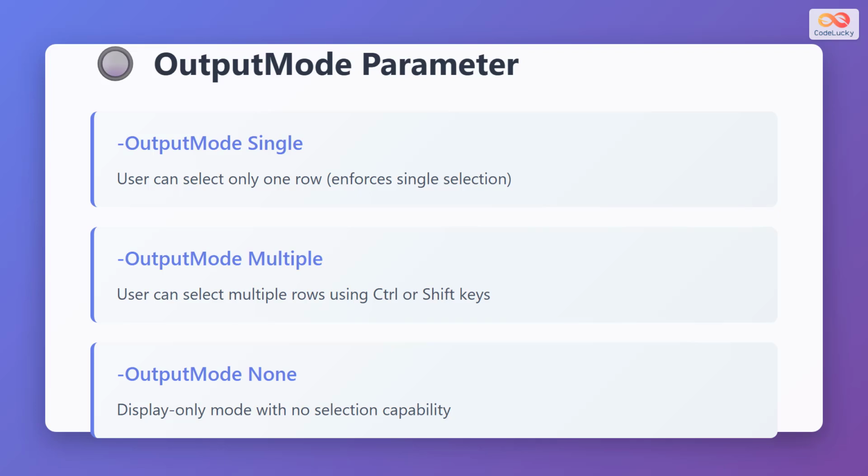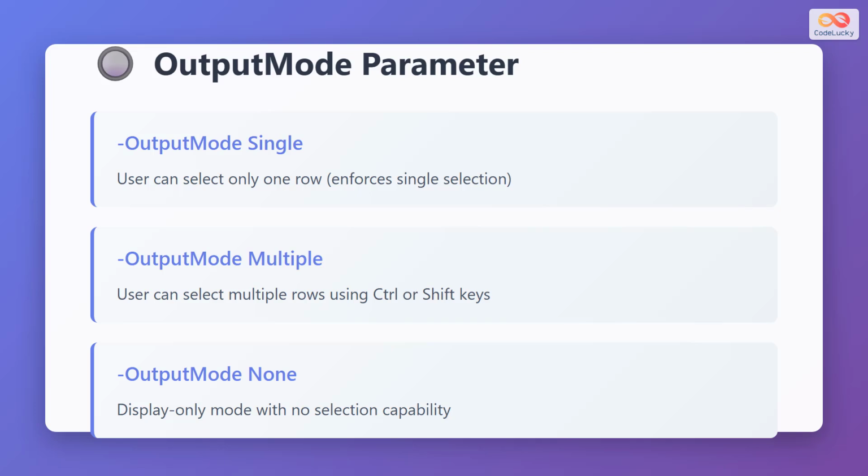The -OutputMode parameter gives you fine control over how users can select items from the grid. There are 3 modes available. First, -OutputMode Single restricts the user to selecting only one row at a time. This is useful when your script needs exactly one item returned. Second, -OutputMode Multiple allows users to select multiple rows using Control or Shift keys, just like selecting files in Windows Explorer.